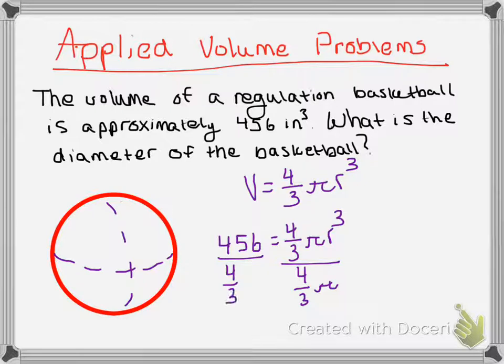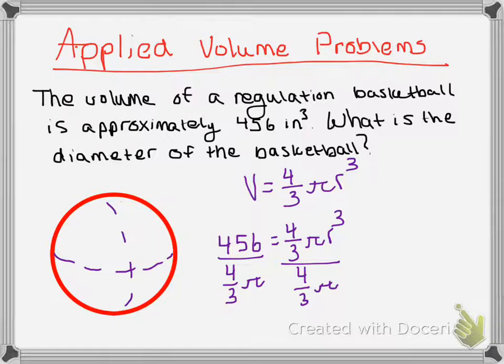Now, here's where your calculator is a good friend. So in your calculator, you need to be careful on this because you've got to make sure that you divide by the correct things. Now, I'm going to do this to make it a little bit easier on myself. I'm going to do 456 divided by 4/3 first.